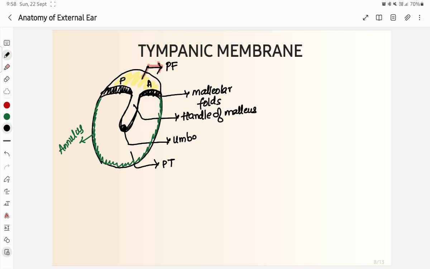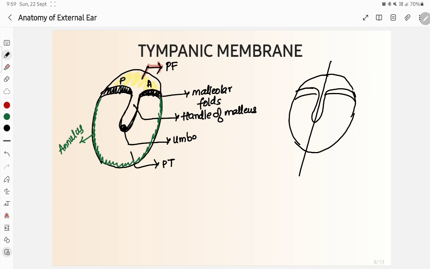The tympanic membrane is also divided into 4 quadrants. Now, how these quadrants are divided, let me show you. A line is drawn passing through the handle of malleus and another line is drawn perpendicular to the first line passing through the tip of the handle of malleus, that is the umbo.